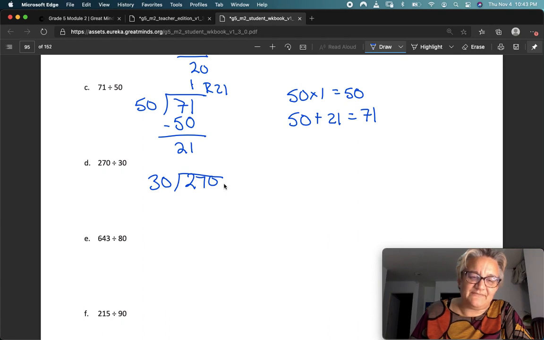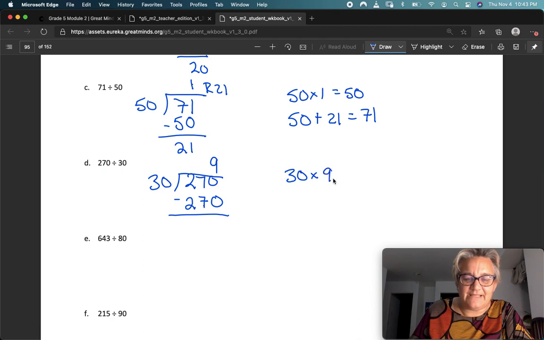Or 270, but I can call that in my head 27 tens. 3 tens goes into 27 tens 9 times, because 9 times 30 is 270. So no remainders there. And how do I check my answer? 30 times 9, right? So 3 times 9 is 27, and then add the 0 back on. No remainder, right? Because that was 0, so I don't need to add any remainder.